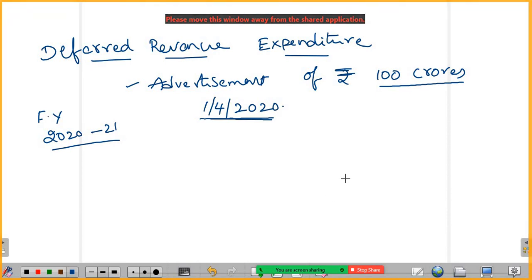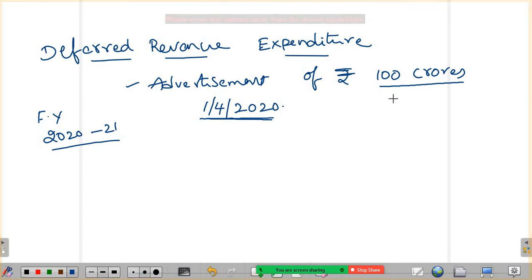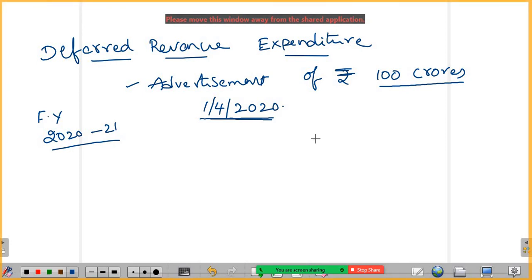The company spreads this amount over the upcoming few years, maybe say 5 years. In the books of accounts, they will show this amount as revenue expenditure and utilize it for calculation of the profit or loss of the business in 5 installments.